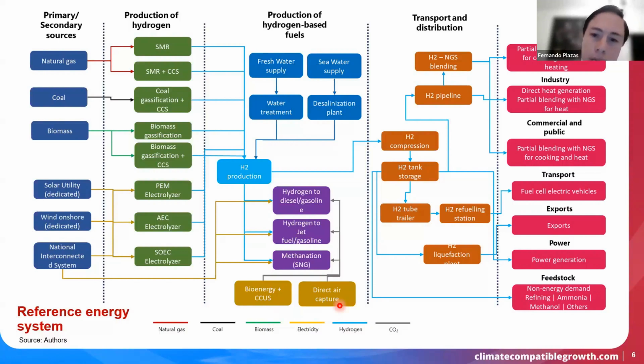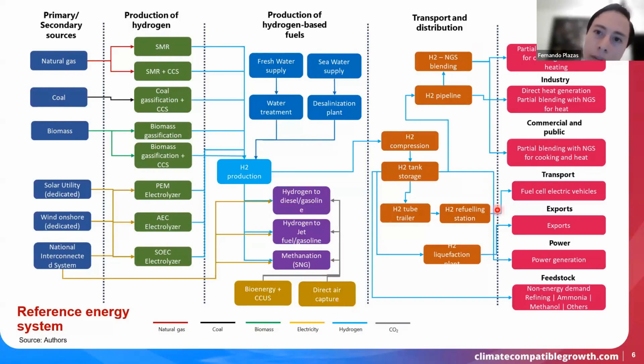So when we use CCS plus biomass or DAC for CO2 production in combination with hydrogen, we can have synthetic fuels which could be used as normal diesel, gasoline, natural gas, or other fossil fuels. And the final count in emissions is that we can more or less cut by 50% the level of emissions, because we have negative emissions in the first part of the process.